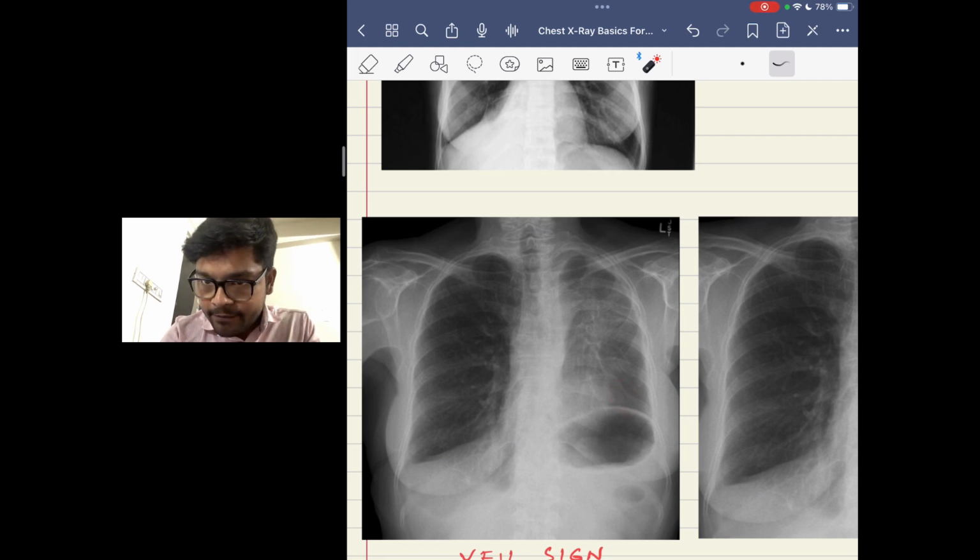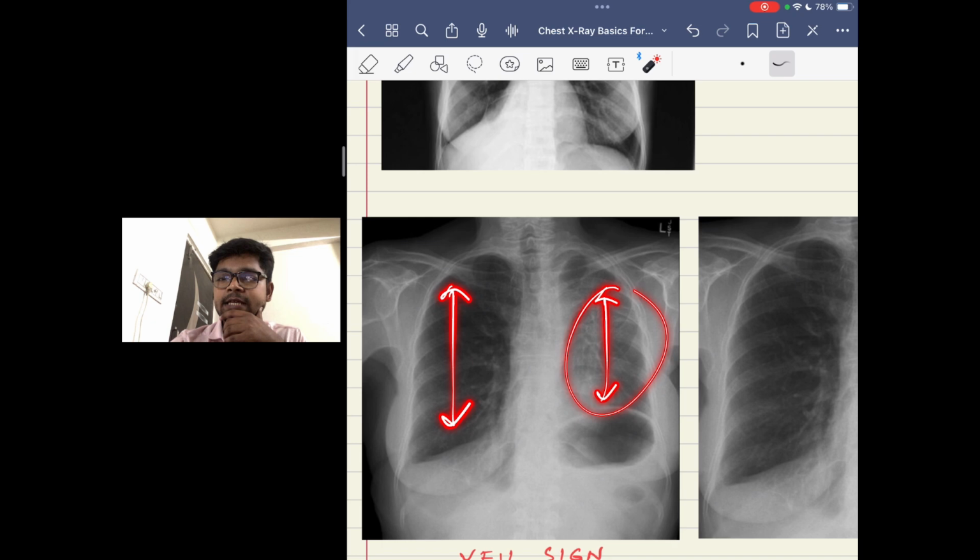The right hemidiaphragm is also problematic. You cannot trace the line, but you can see that this is the left hemidiaphragm lifted up. Usually because of the liver, the right should have been here, but the left is lifted up. And so there is definitely a volume loss on this side.